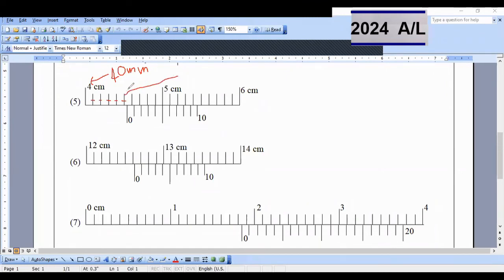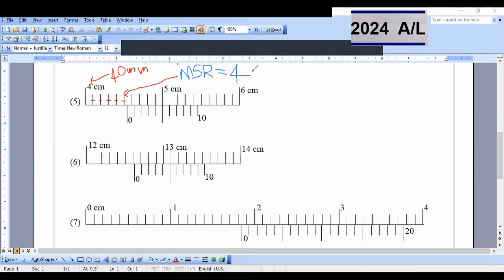So just after 45 millimeter, we find the vernier scale zero line. Tell me what the main scale reading is. 45 millimeters. The main scale reading is 45 millimeter.